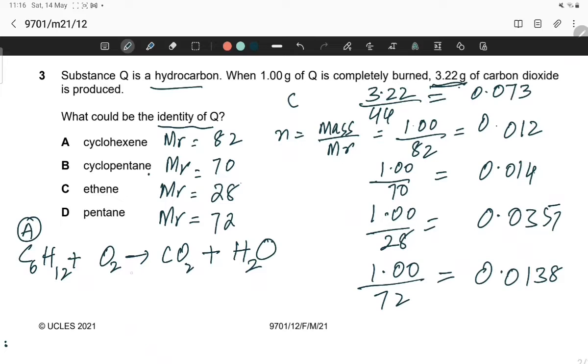To balance the reaction, cyclohexene would be C6H10, and the products are 6CO2 and 5H2O.